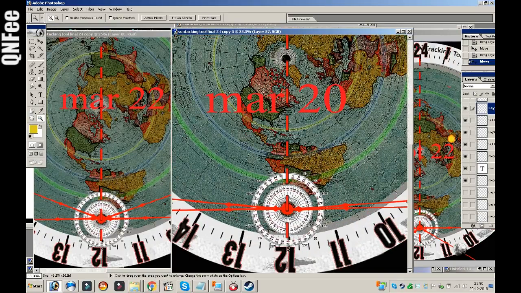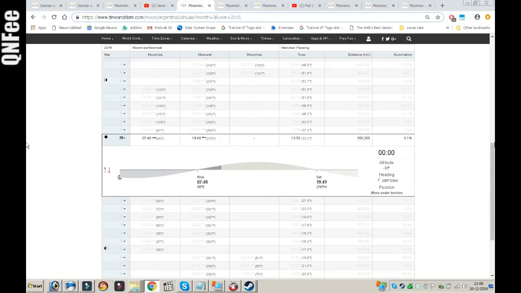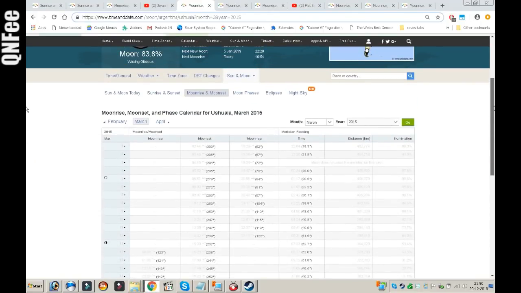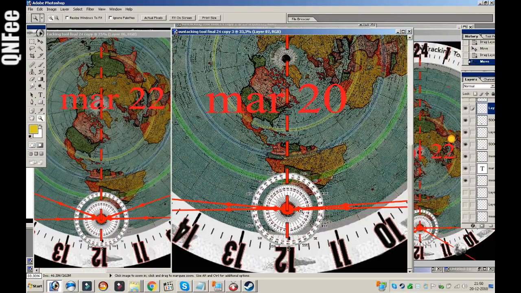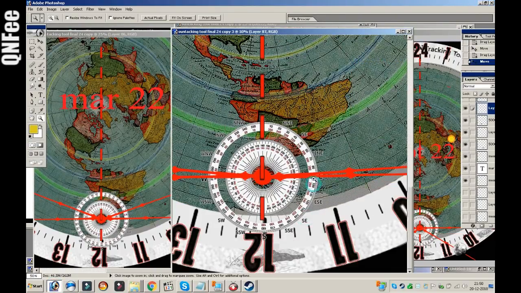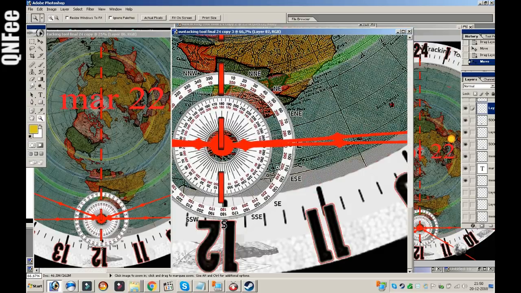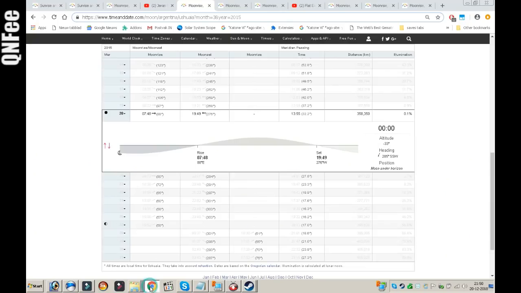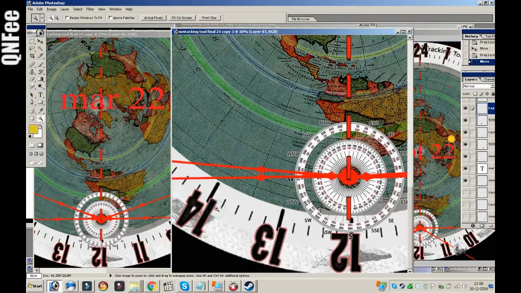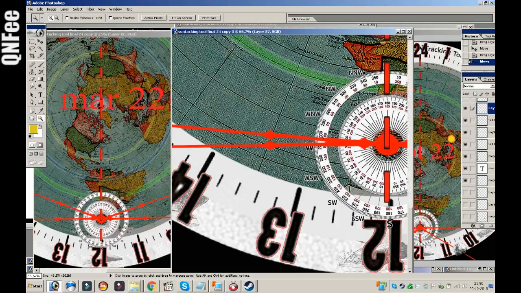Let's see the moonrise, March 20. 88 east. Let's zoom in. It's about here. And the set is 276.